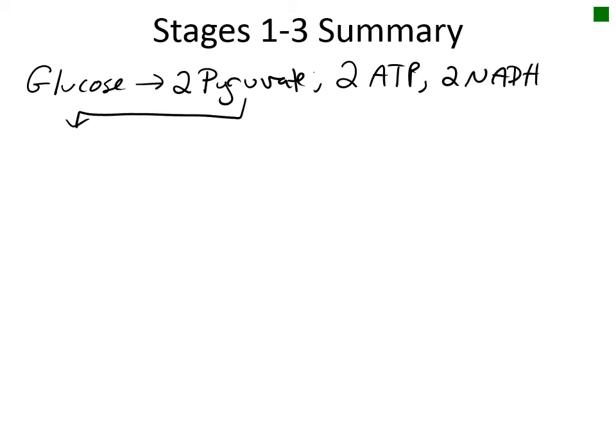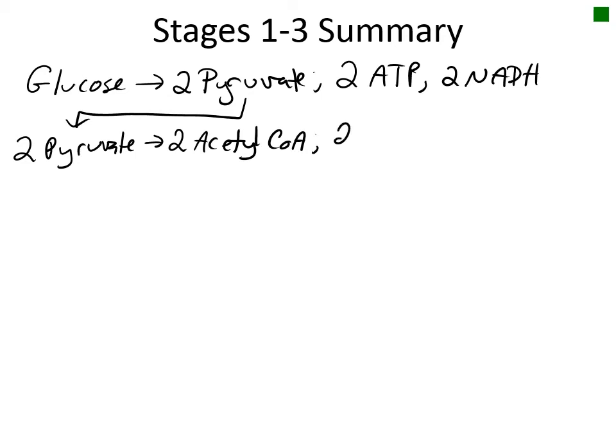The 2 pyruvate will then flow into the next stage, pyruvate oxidation, and produce 2 molecules of acetyl-CoA. This process will produce 2 molecules of NADH. Remember, all the values are doubled because we had 2 molecules of pyruvate enter, so we are producing 2 molecules of acetyl-CoA.